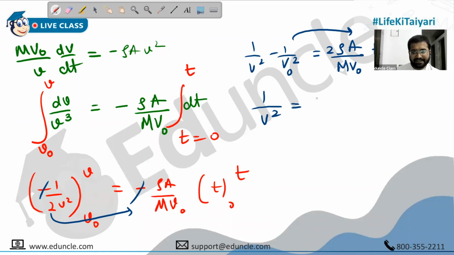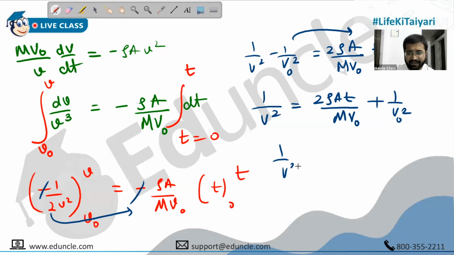So 1 upon v square is given by 2 rho a t upon m v naught plus 1 upon v naught square. Correct, right? So we have got, okay, I need m v naught. So we will do LCM here. Let's make this v naught square. Let's multiply and divide by v naught.